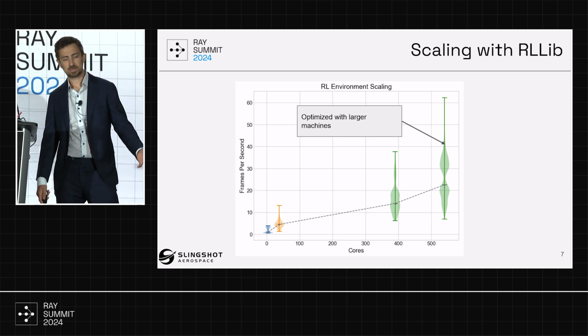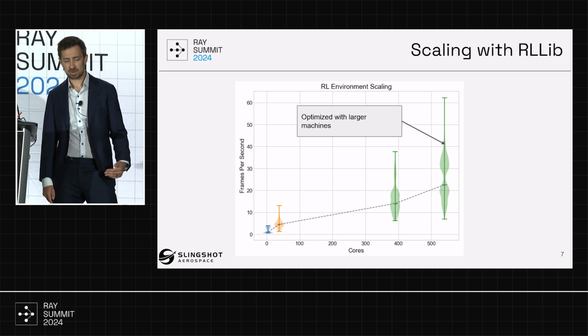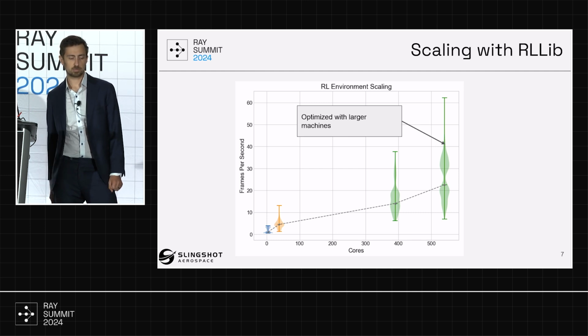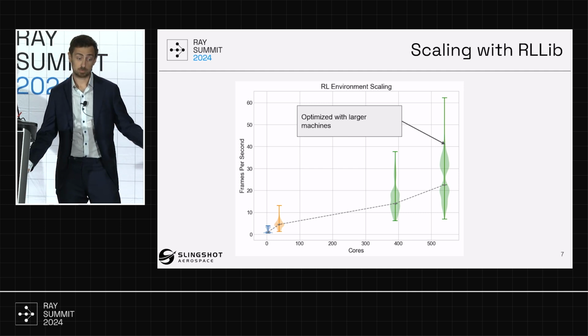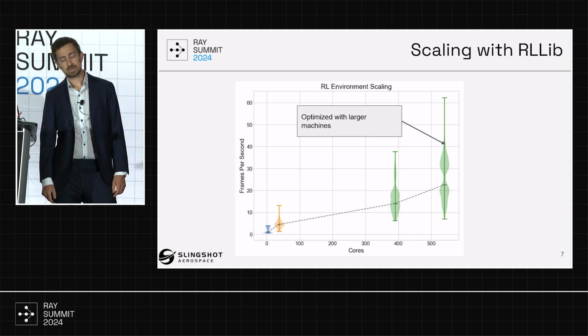The yellow is a dedicated machine that we had that had 40 cores. And with Ray and RLlib, we can scale up to as many as we want using Anyscale. We see a huge improvement in the number of frames per second that we can do, which really takes our training to the next level. It lets us do so much more.